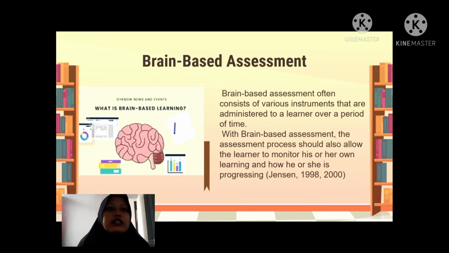As an instructional designer, it may be difficult to approach assessment through the use of a portfolio for several reasons. The amount of time required being one of the most significant. Despite this, as an instructional designer, there are several key ideas regarding brain-based assessment you should be aware of.